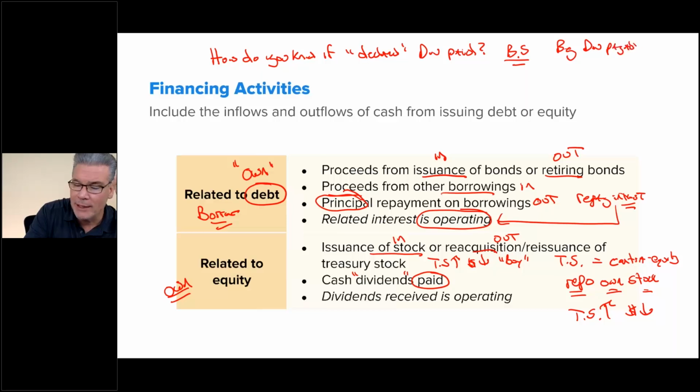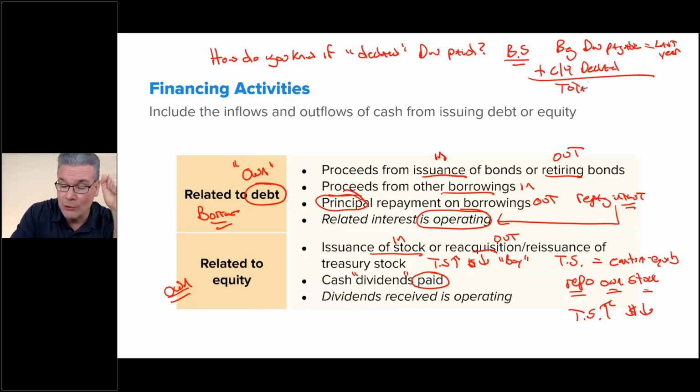Where do you get your beginning dividends payable? Last year's balance sheet. Last year's ending is this year's beginning. Add the current year amount declared. That gets you the total due the stockholders. And then either you paid it or it's in your ending dividend payable. Where do you get your ending dividend payable? Current year balance sheet.